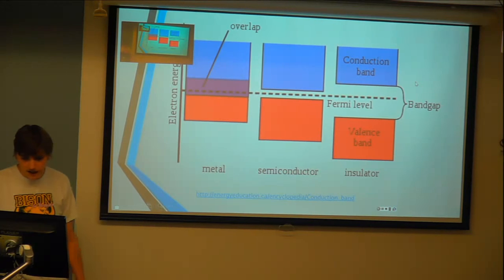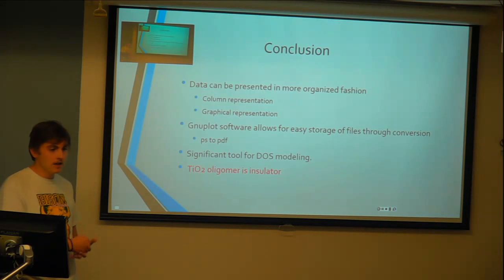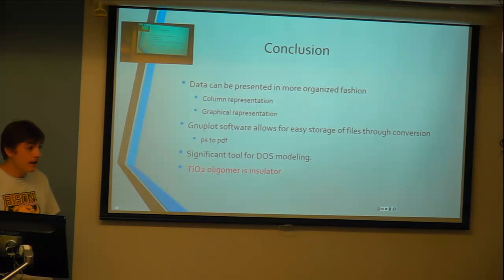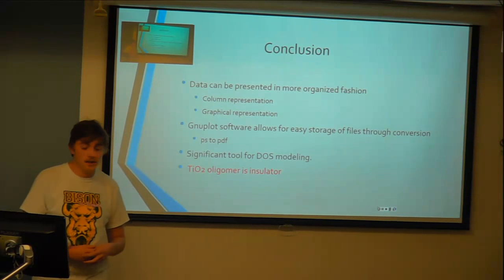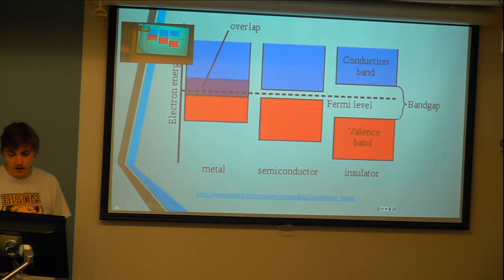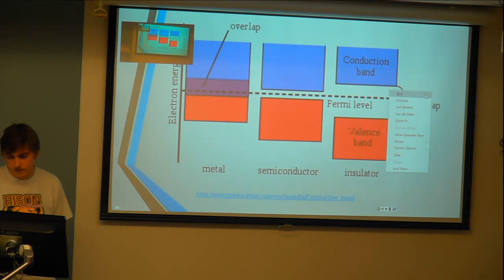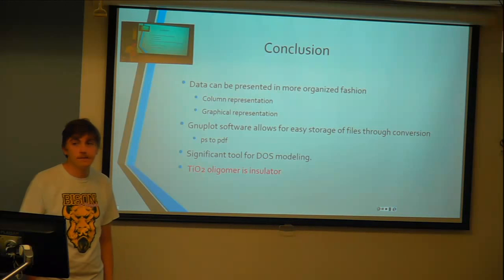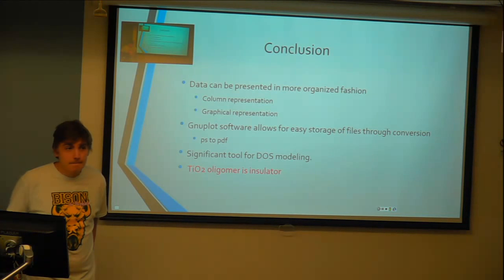It's a significant tool for density of state modeling. And if you go back to the file I was using for this demonstration, you can see the large band gap that we have with this titanium oligomer, which ends up being more of an insulator type molecule. Okay, let's take a question.